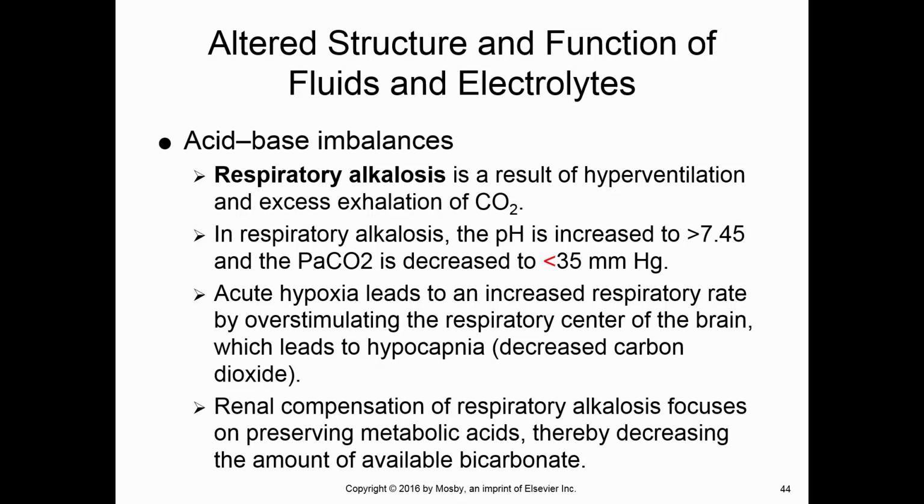So that's a renal compensation for respiratory alkalosis. What we would see is our pH to be normal. Our PCO2 is still going to be low, right? Because that's telling us it's the respiratory component. So our PCO2 is still going to be low, all right, but our pH is now going to be normal. So we know that our kidneys have compensated.